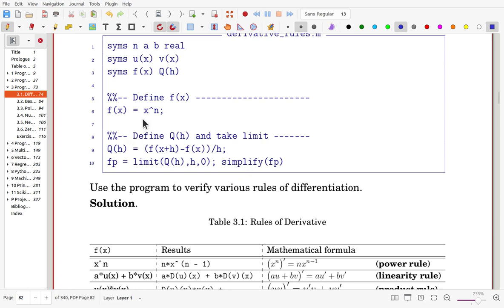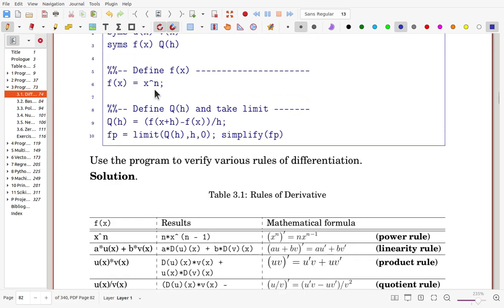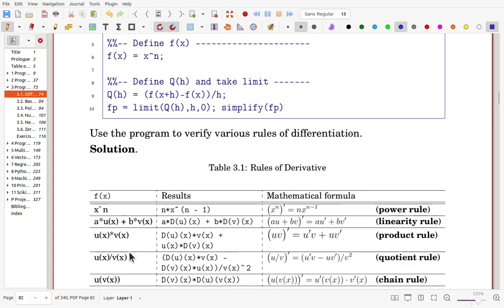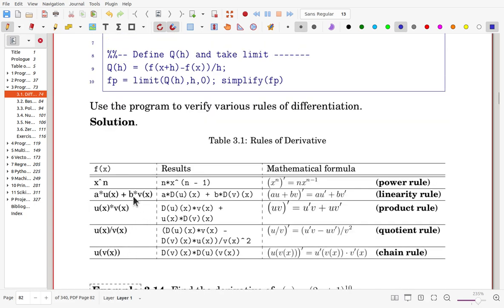So we choose various symbolic functions here. Now that is only x to the n, but I implemented here a linear combination of two functions, and a product and quotient, and a composite. I use this program to find the derivative, and these are the results.